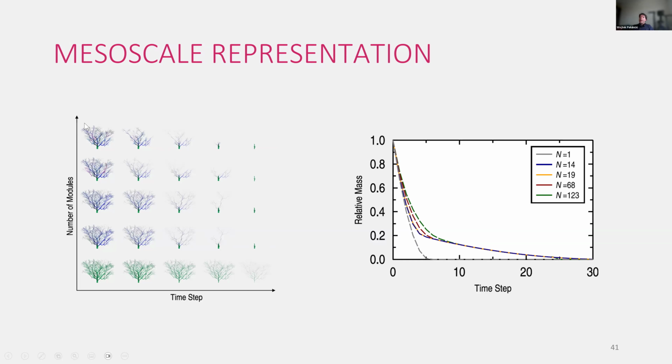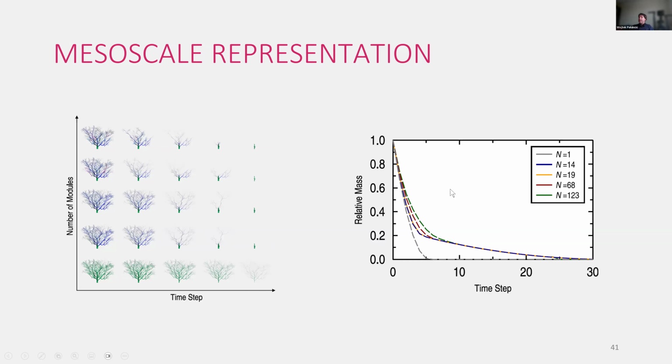And as we go higher on this vertical axis, the same plant is represented by a higher number of modules. In this top row, we go as high as 123 modules. So this is composed of many more modules than the lowest one, but this is a very complex model. Here we represent the topology and geometry of the tree with the truncated cones, and here with a higher number of modules, which were composed of simpler sets of connected truncated cones.